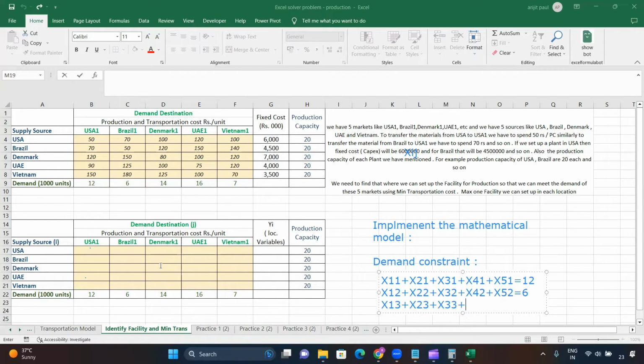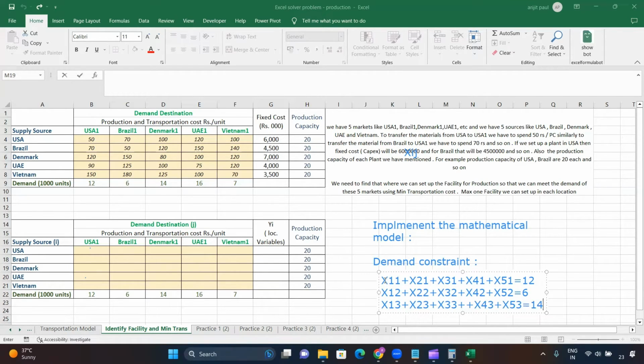This one, right? Plus X43, plus X53 equals to 14, because that's the demand. Similarly, we need to write it for UAE and Vietnam as well.